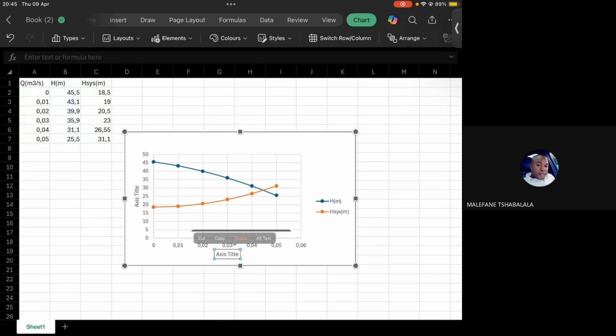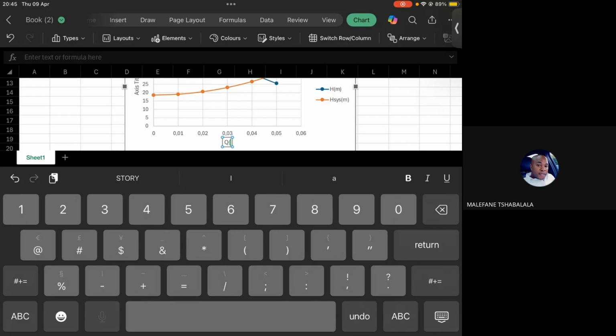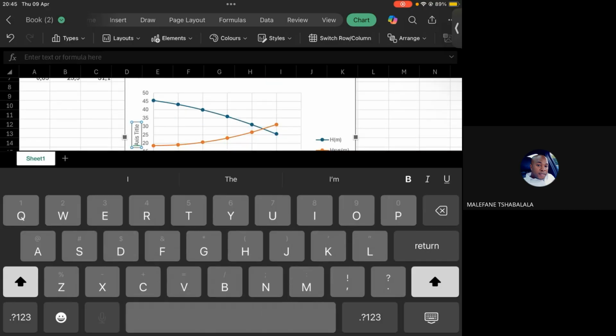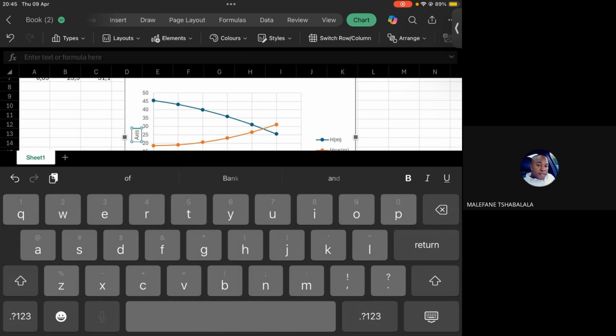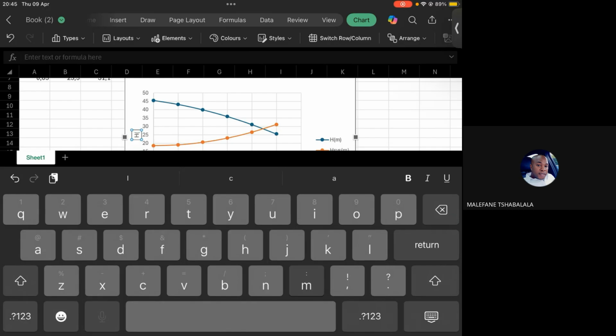So now let me edit, starting with the horizontal axis or x-axis. Here I've got volumetric flow rate in cubic meters per second. And then here I'll have the head in meters.